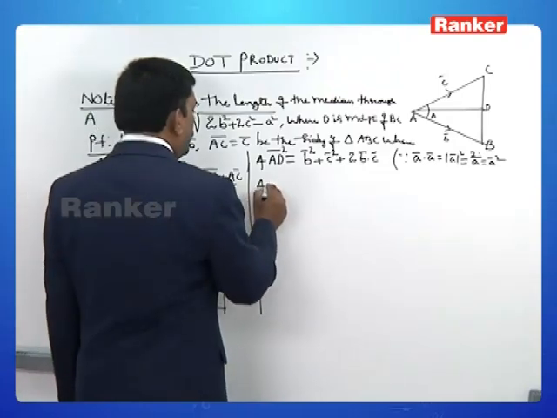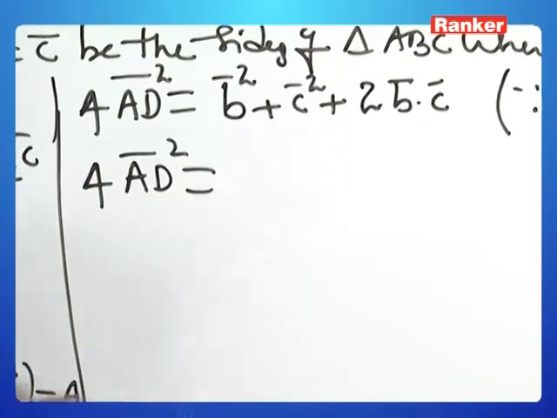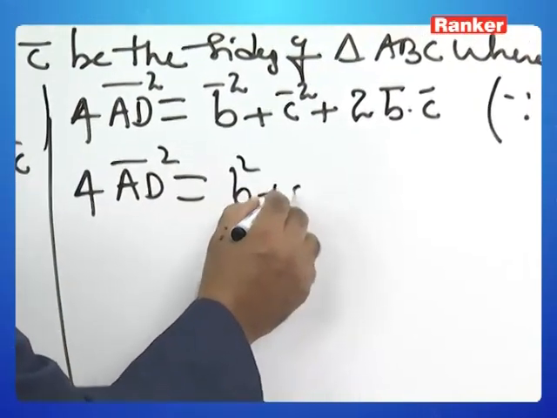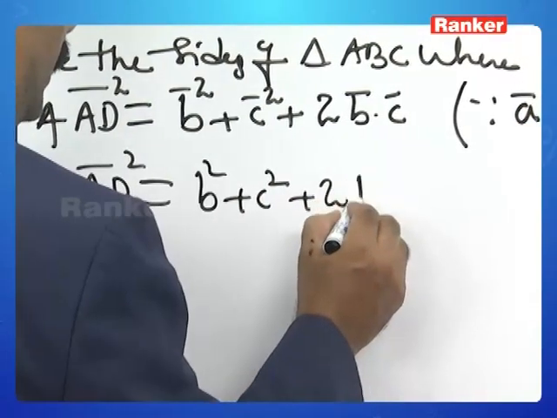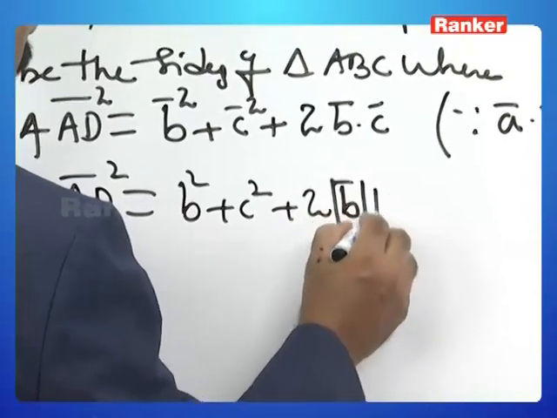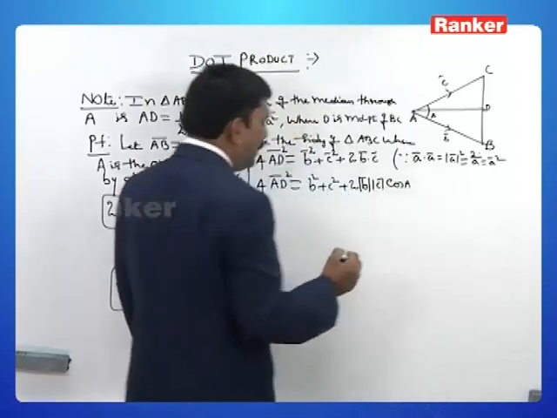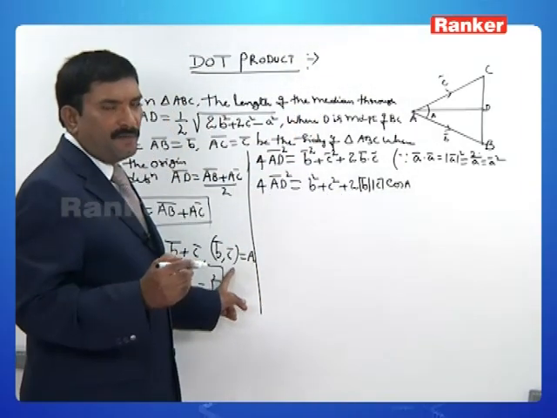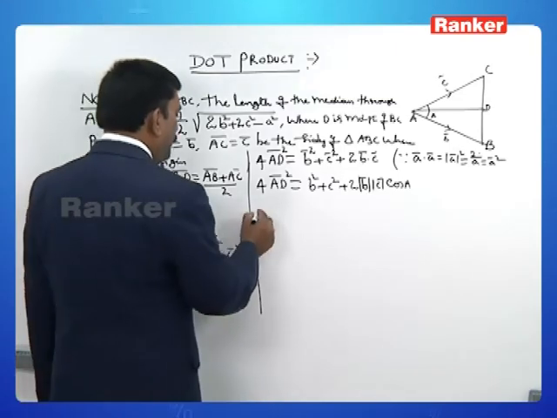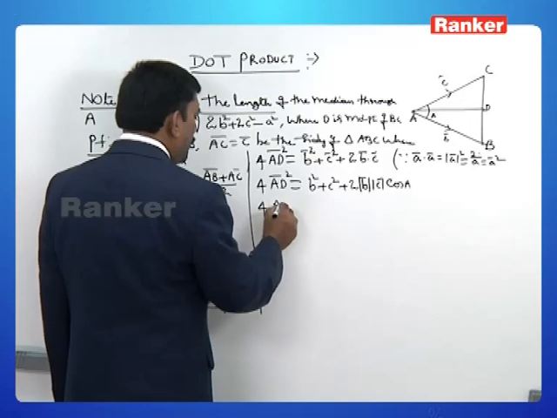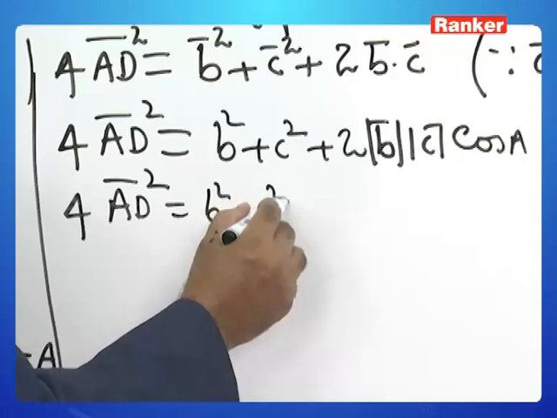Now I can write 4 into AD bar square is equal to b square plus c square plus 2 times mod b into mod c into cos A, where A is the angle between b bar and c bar.